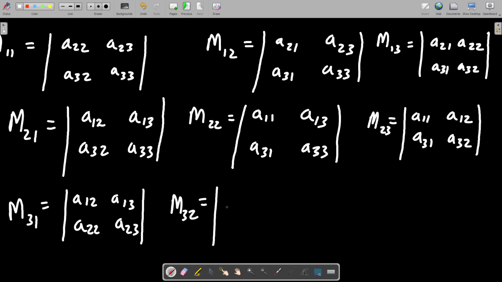Okay, delete the third row and second column. You will be left with A11, A21, A31, sorry, A13, A23. And this is going to be M32. And the last entry is going to be M33.